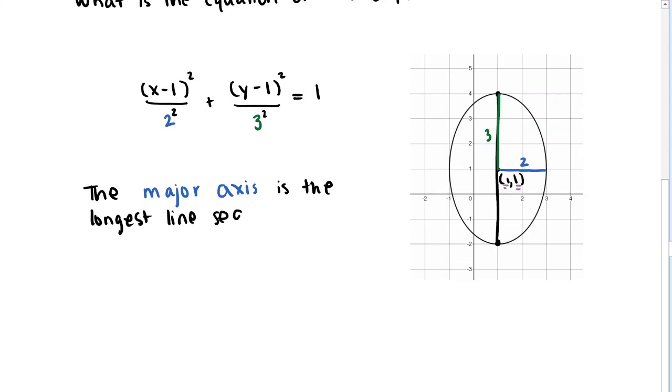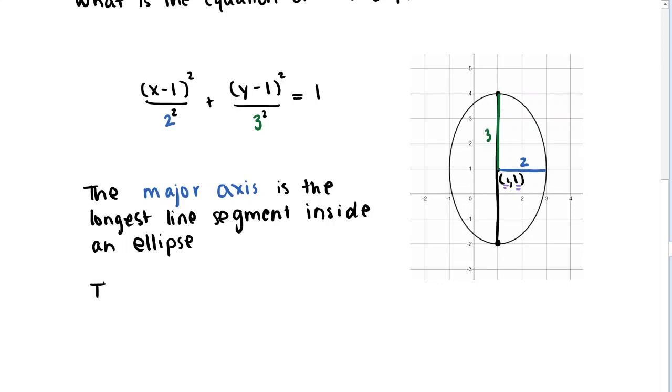So the major axis is the longest line segment that you can fit inside an ellipse, running along the direction it's been stretched the most.